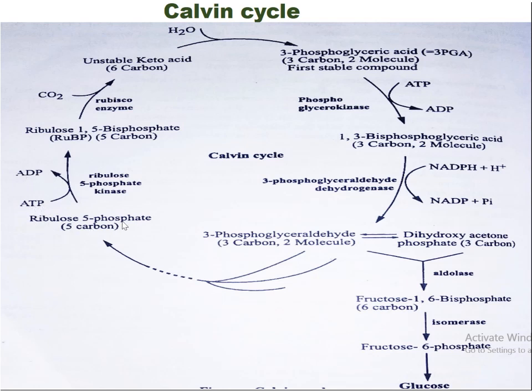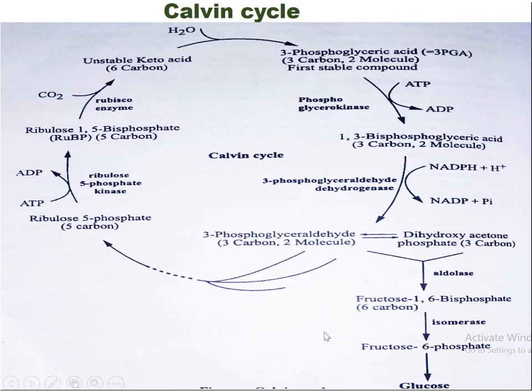After receiving this phosphate, ribulose 5-phosphate converts into ribulose 1,5-bisphosphate. This RuBP then re-enters the Calvin cycle and thus sustains the continuation of the cycle. So this is the overall picture of the Calvin cycle.